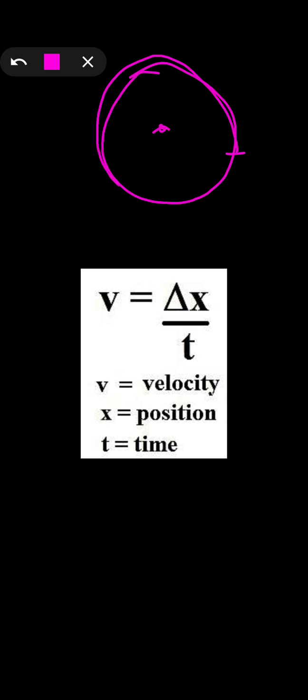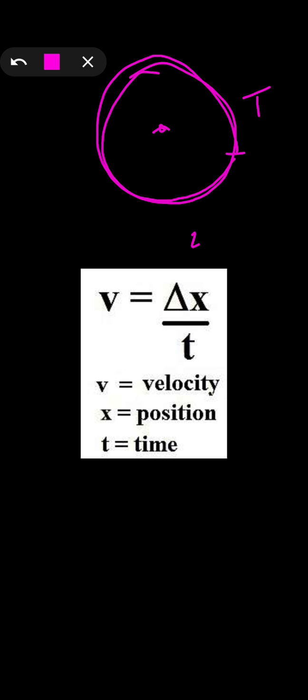Any body, if it is moving in a circular motion, revolving around the center of the circle, the time taken by the body to complete the whole revolution around this circular path is given by time period capital T. And if we think about how many revolutions a body completes around this circle in 1 second or a unit time, it may be in 1 hour or in 1 second, but we used to take the CGS system as second itself.